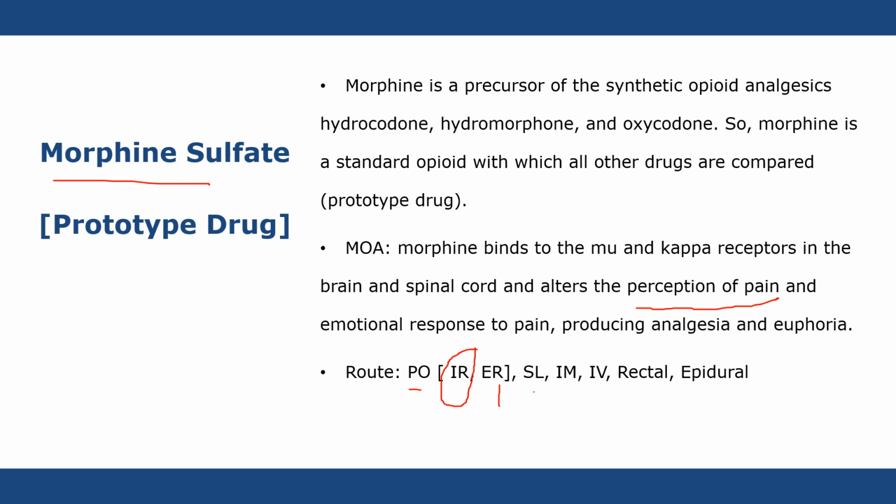Sublingual, I do that for a client who is maybe on hospice, to manage their pain and keep them very comfortable. These are drops that we can put under the tongue, or we can give IM injections, we can give IV morphine, rectal, epidural. So there are so many different routes, and that's the beauty about morphine sulfate.